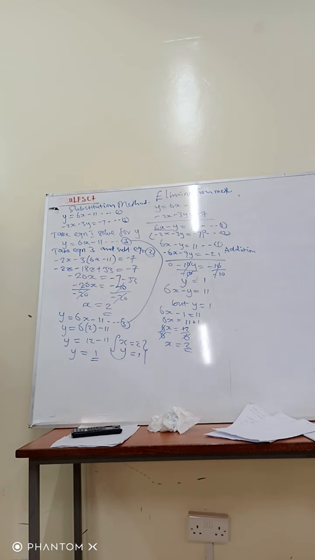So this is how you use both elimination and substitution. In elimination method, we want to eliminate something in order to arrive at the value. In substitution method, you take one of the equations and solve for either x or y, creating equation 3. After you have done with equation 3, you take that equation 3 and substitute in equation 2. We substituted in equation 2 because equation 3 was exactly equation 1.